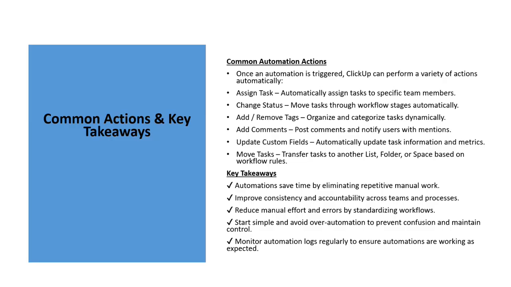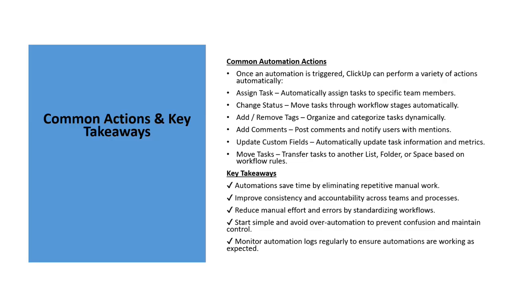Third, it reduces human errors by automating routine processes. And fourth, start small and avoid creating too many automations at once. And finally, monitor automation logs regularly to ensure everything is functioning properly. A good automation should simply work, not complicate things.